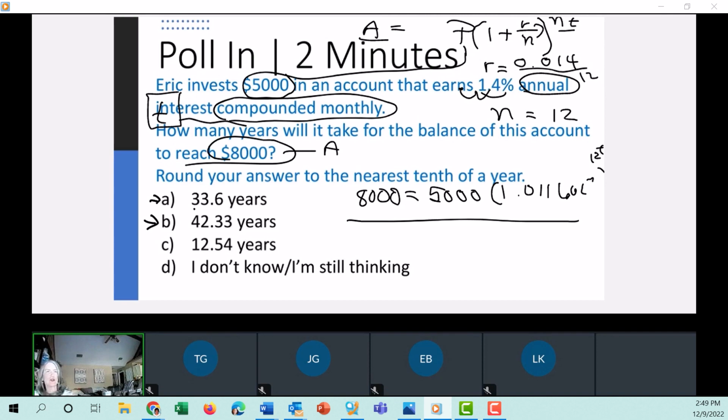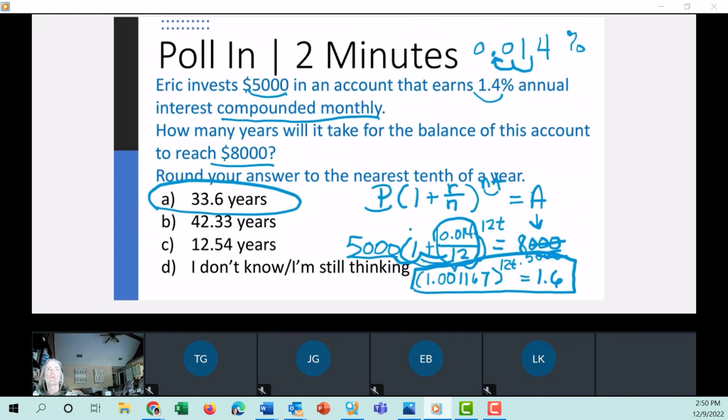Now we need to turn this into a logarithm. We have to turn this into a logarithm to be able to solve. All right, so I'm running out of room, guys, but I do have this in my notes. Let me see if I have it on the next slide. Yeah, I have it on the next slide.